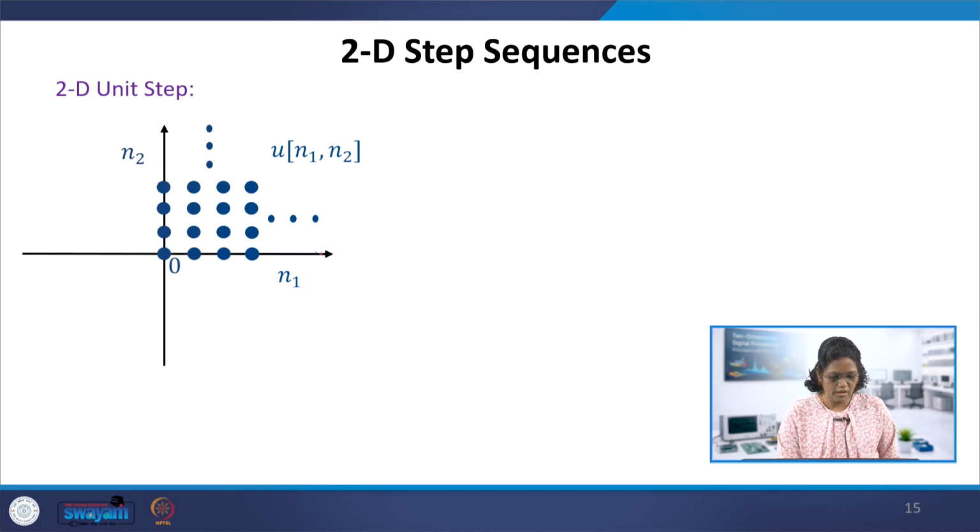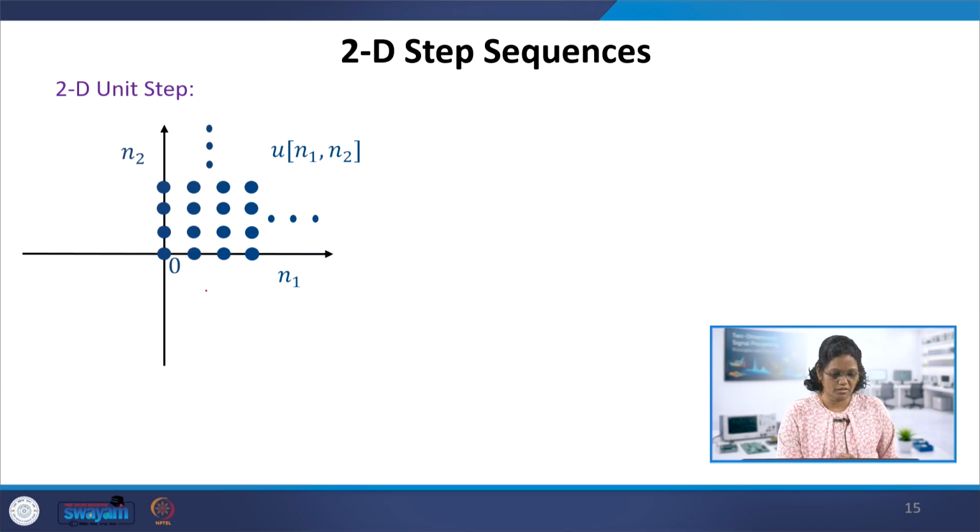That is n1 varying in this direction and n2 varying in this direction. So what is the signal? For n2 equal to 0, n1 takes all values and it is 1, and similarly for n1 equal to 0, n2 takes all values. So u of n1 comma n2 extends up to infinity here and infinity here, but it is absent in the second, third and fourth quadrants.